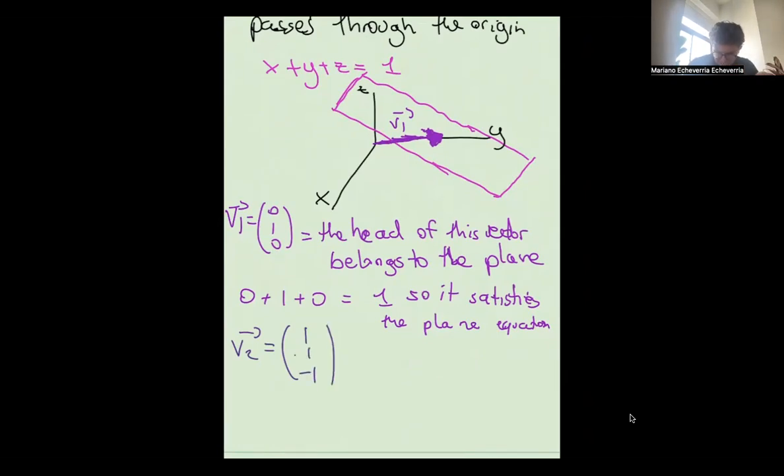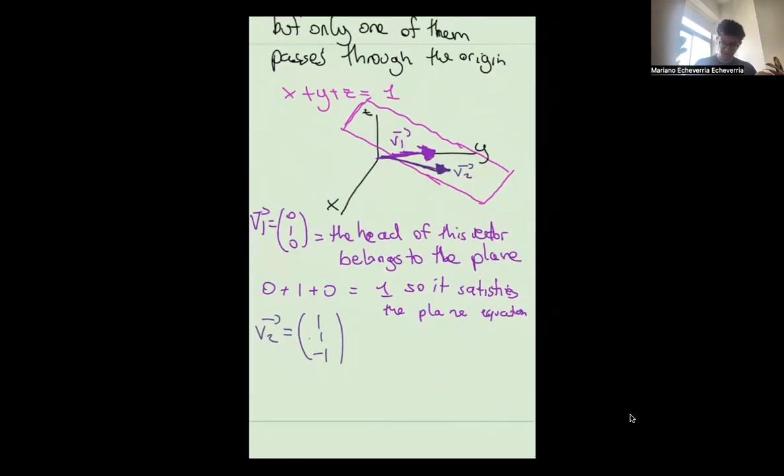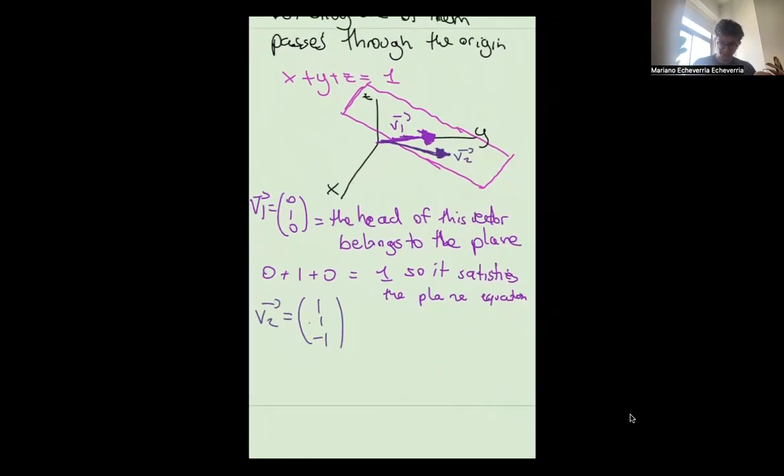That's somewhere in here; just imagine that it goes below the XY plane. So it's v2. This one also belongs to the plane because the condition is that if you add the entries, you get 1. So 1 plus 1 plus -1 gives 1, which is the plane equation. So these two vectors belong to the plane. Is that okay? So far, so good?